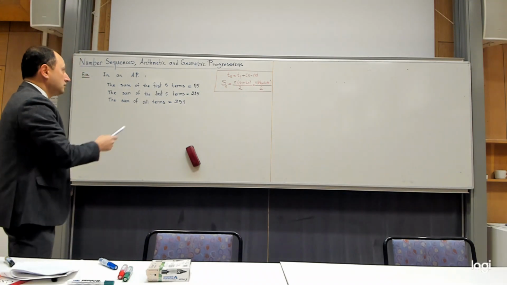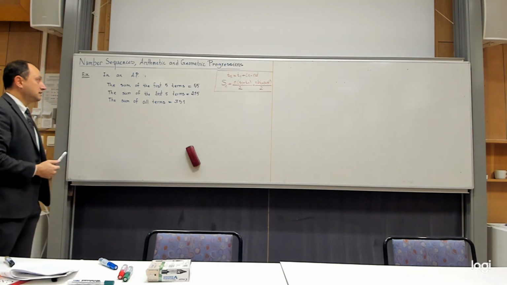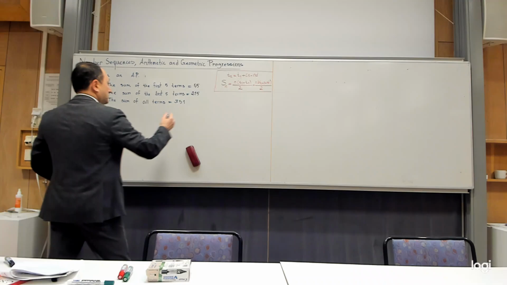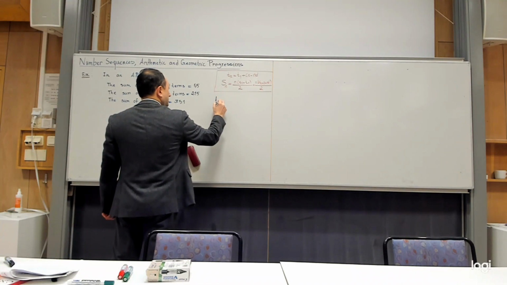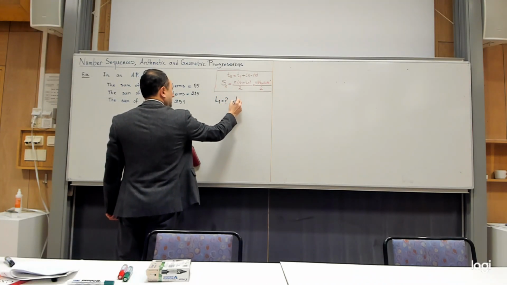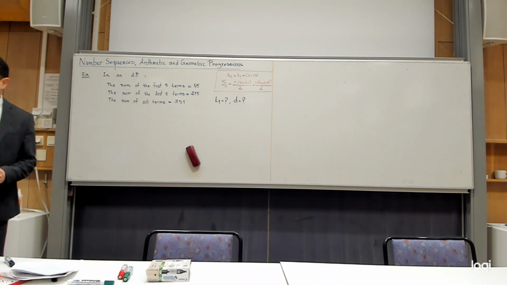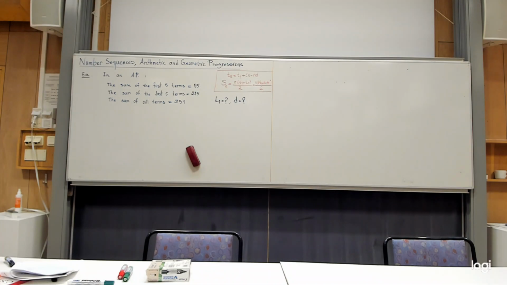Yes. So these are the formulas that we had, and then we are supposed to solve this problem. In this problem, the first term is wanted. The common difference is also wanted. Okay? So I give you 5 minutes to think about it, and then we can solve the problem.